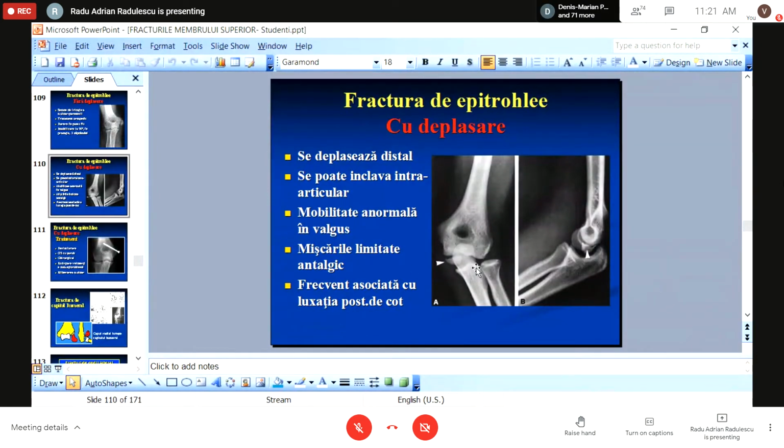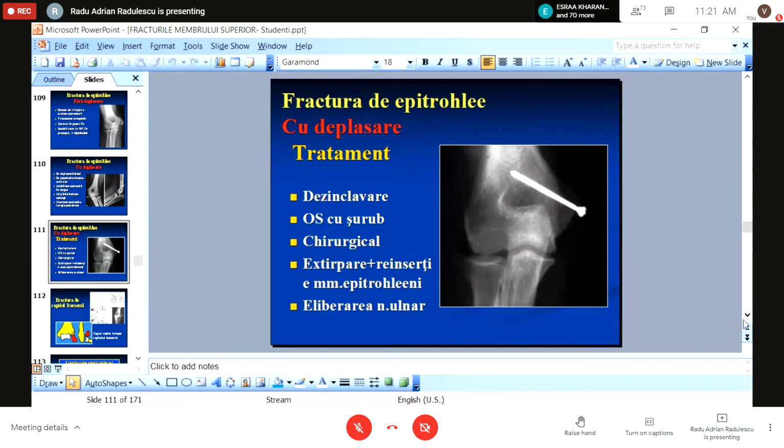Okay, so we have this abnormal mobility of the elbow joint due to the fracture of this epicondyle, which makes this mobility possible.